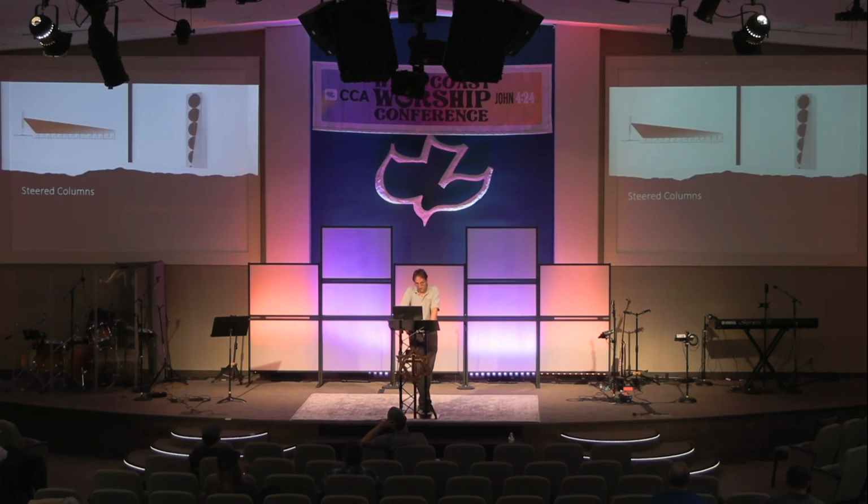So steered columns came into being, and that's what a lot of people are talking about now, and they use a couple different technologies. There's some great benefits to using those in your space. However, there's downfalls as well. The steered columns generally use what's called a Fresnel function. If you did lighting, you're familiar with a Fresnel lens.